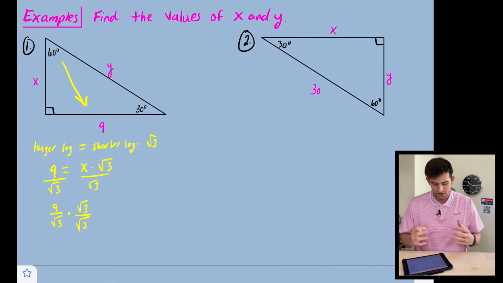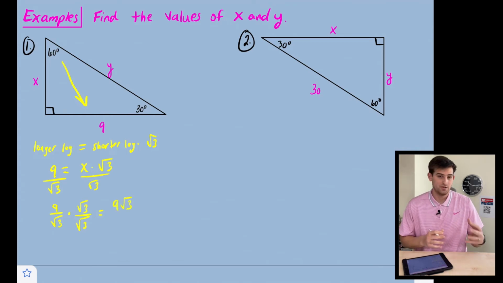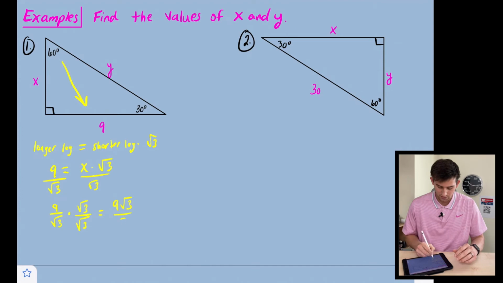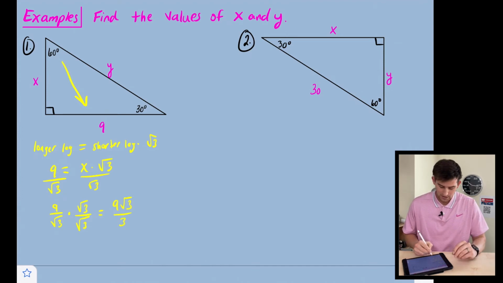It's not going to change the value, but it's going to get rid of the denominator that has a radical. In the top we just have 9 root 3, and in the bottom the square root of 3 times the square root of 3 is just 3. Now we can simplify, because 9 divided by 3 is 3, so this is 3 root 3. Okay, and that was our shorter leg.